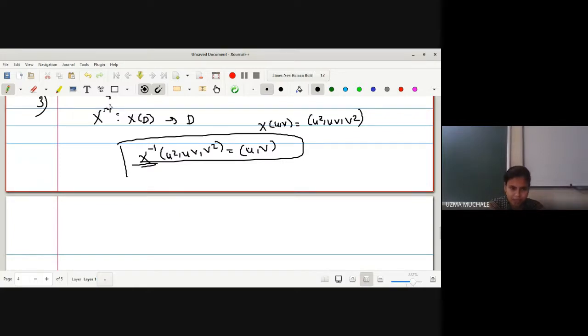So instead of writing here x inverse, I have to firstly write y is a function from x of d to d, then we'll show that your y is nothing but x inverse. बरोबर ना? Directly x inverse नहीं लिख सकते हो ना आप. First we will define a mapping y which is from x of d to d, बरोबर? And then later on we will show that this is nothing but your x inverse. समजते ना सगळ्यांना?